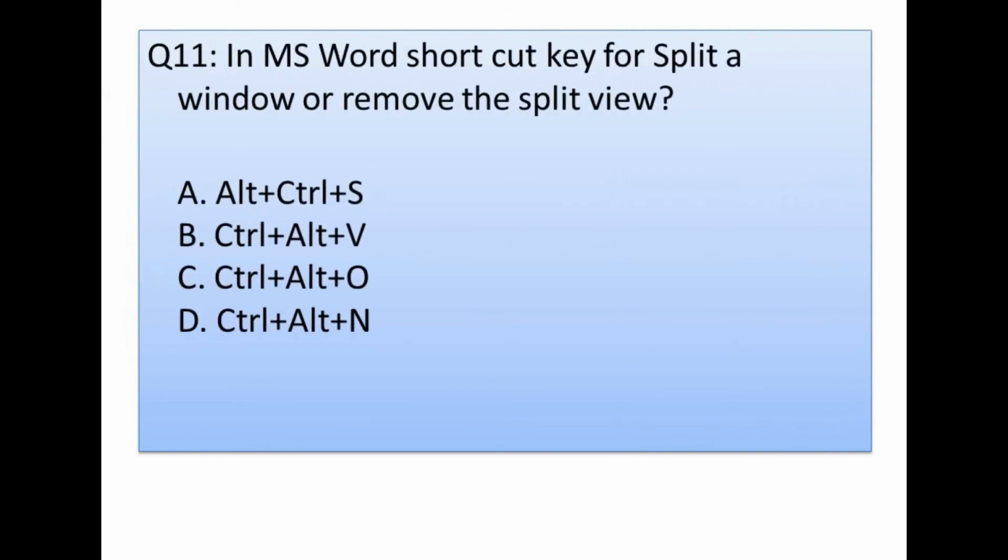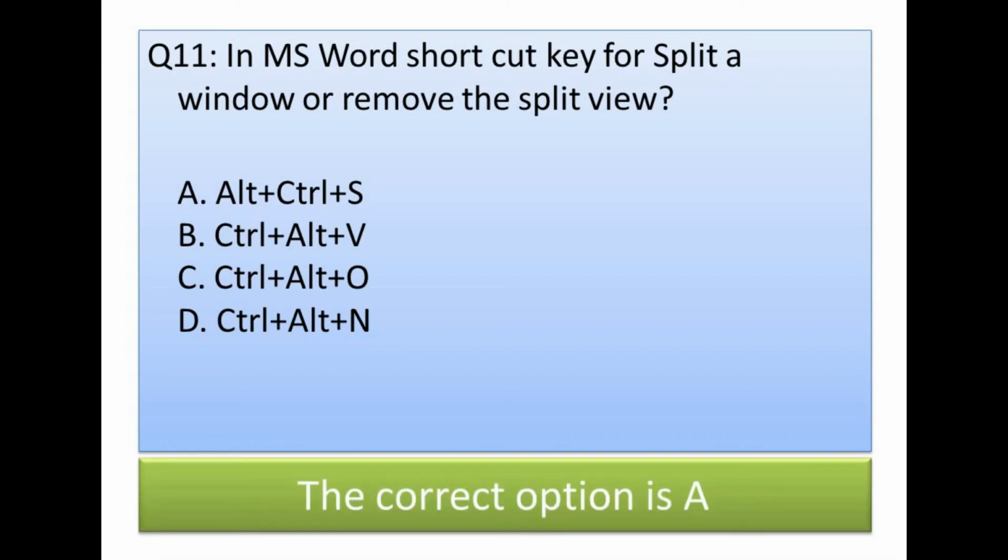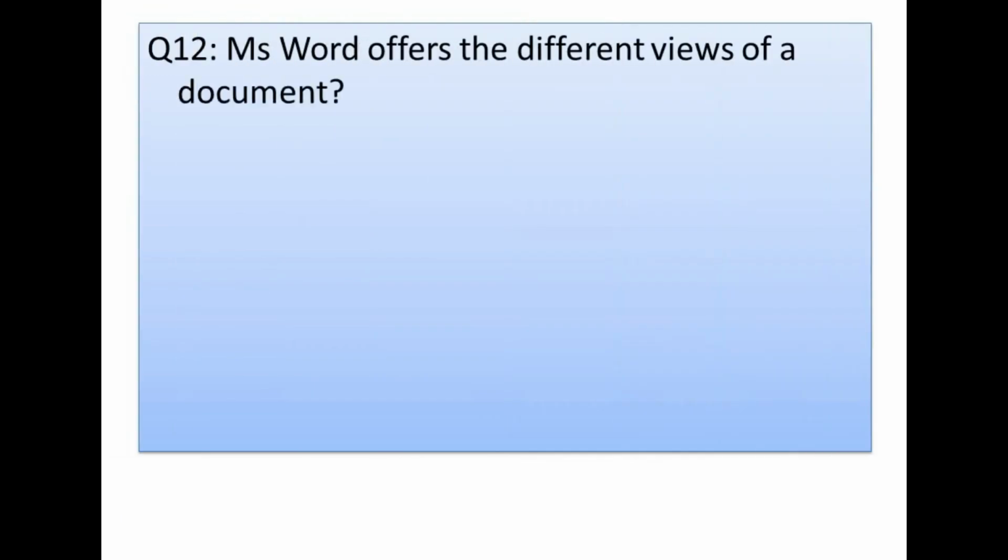In MS Word, shortcut key for split a window or remove the split view: Alt plus Ctrl plus S, Ctrl plus Alt plus V, Ctrl plus Alt plus O, Ctrl plus Alt plus N. So the correct option is A. MS Word offers different views of a document: 2, 3, 4, 5.